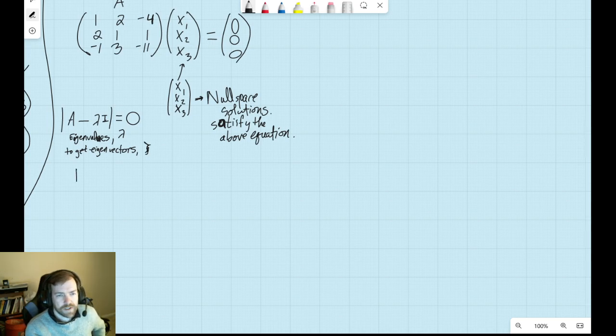Okay, so we take this as 1 minus lambda, 2, negative 4, determinant, 2, 1 minus lambda, 1, negative 1, 3, negative 11 minus lambda.